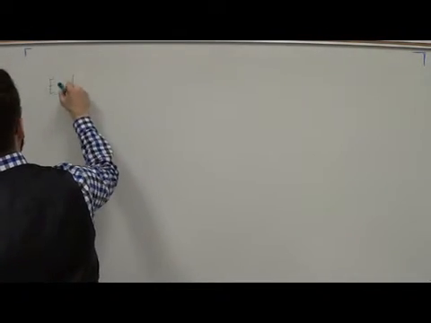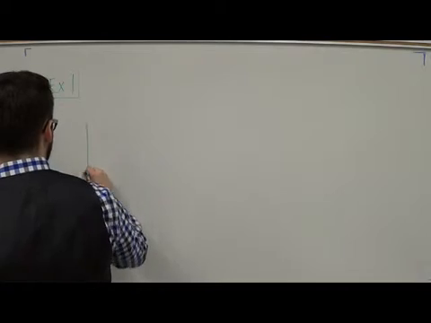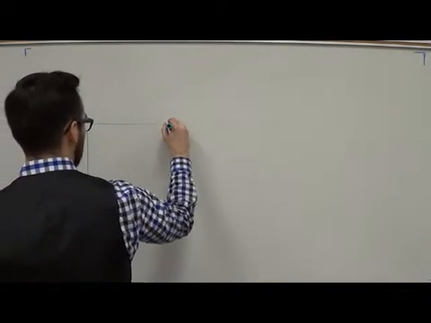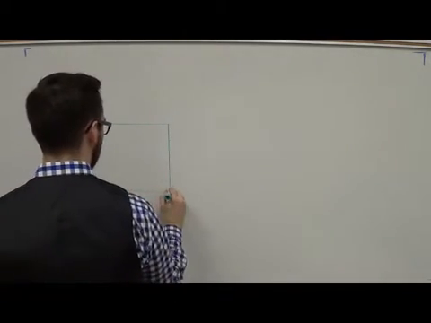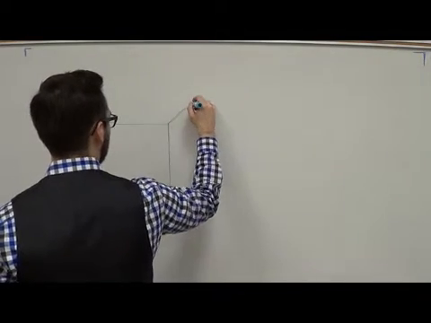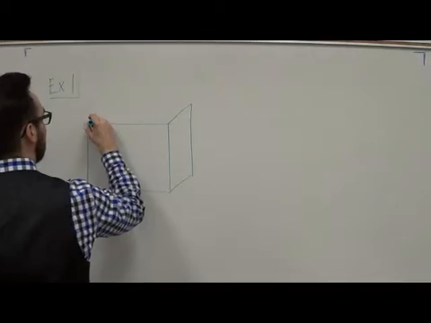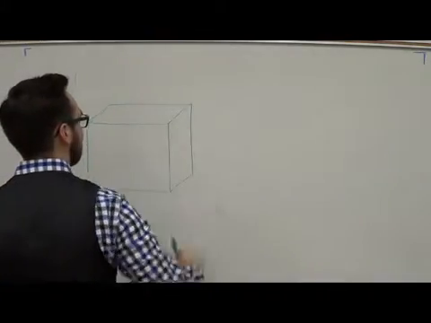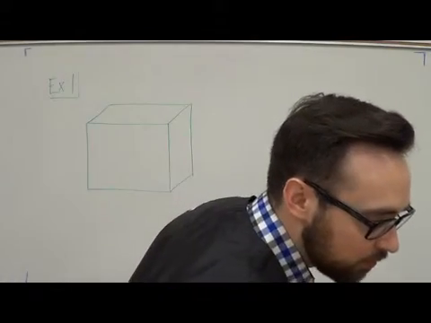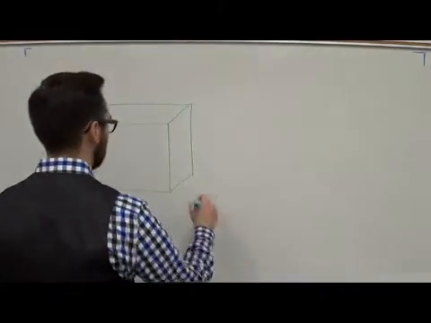So example number 1, the picture they show is a fish tank. I'm not going to draw the whole fish tank, I'm just going to draw the prism that would represent it. So not perfect, but we have 10 inches as our width.